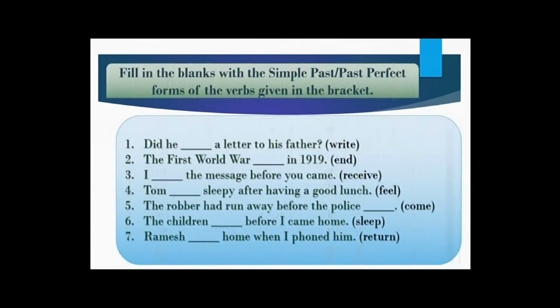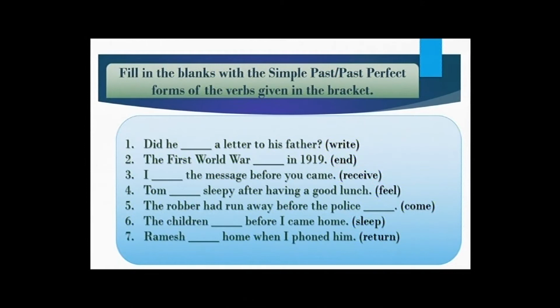Now, some exercise. Fill in the blanks with the simple past or past perfect forms of the verbs given in the brackets. So, in these blanks you have to fill in two aspects of past tense, simple past or past perfect.